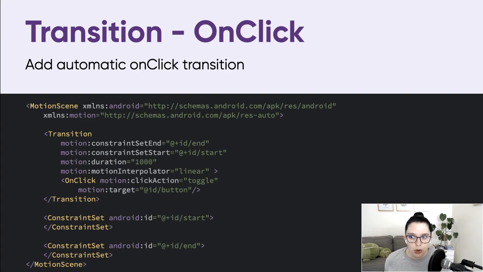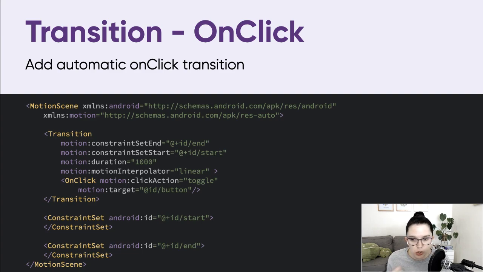One thing that we can do on a transition is define certain behaviors for it. In this example, we are setting an on-click listener, and this automatically invokes the transition on click of a certain target button that we have here. We just add this on-click into the transition object.